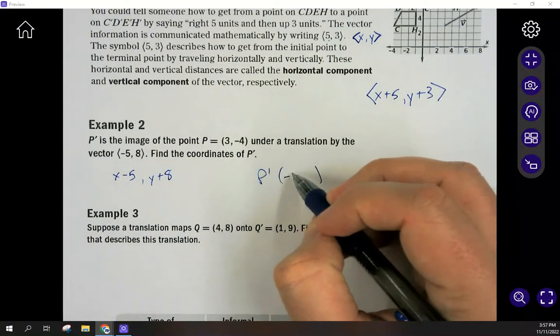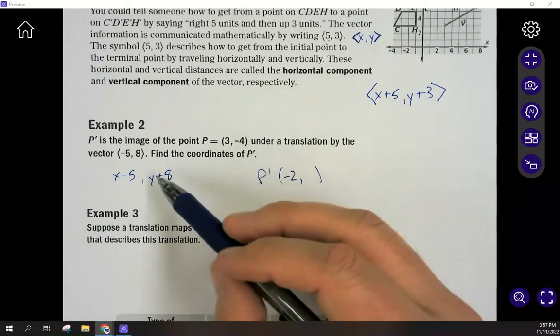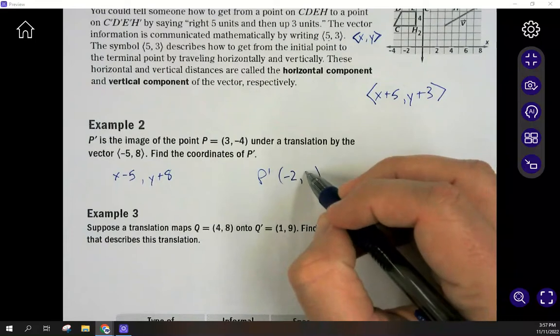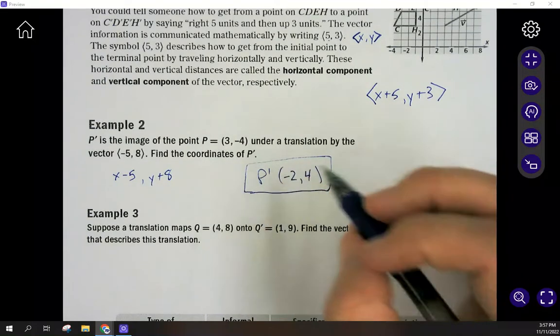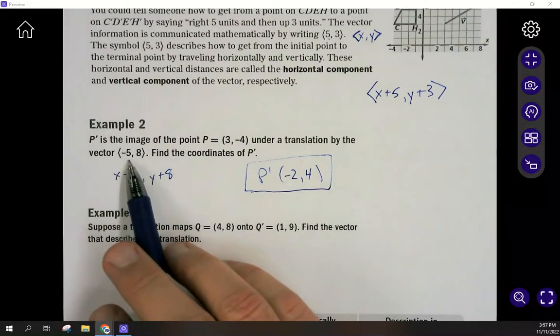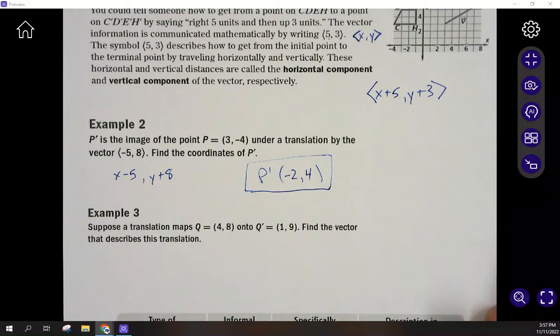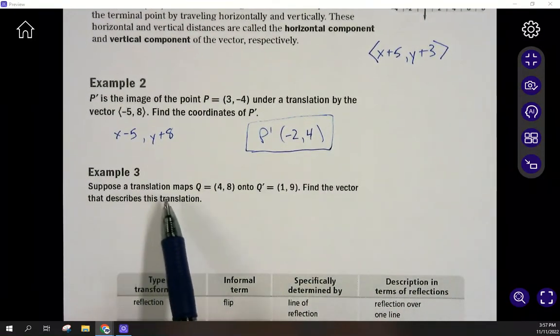So my new value is going to be negative 2. And then we're going to take the y value of negative 4 and we're going to add 8. And so that is positive 4. So the coordinates of the image of P is (-2, 4) under the translation by this vector. Pretty simple.